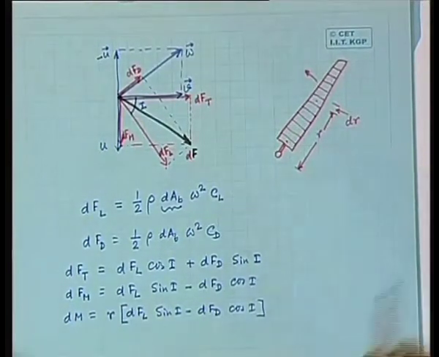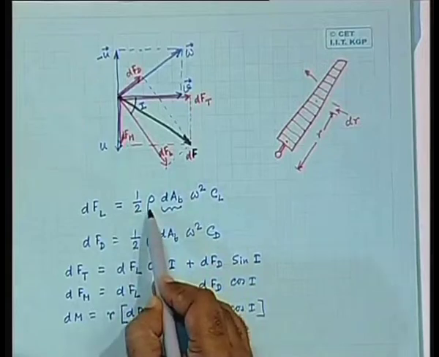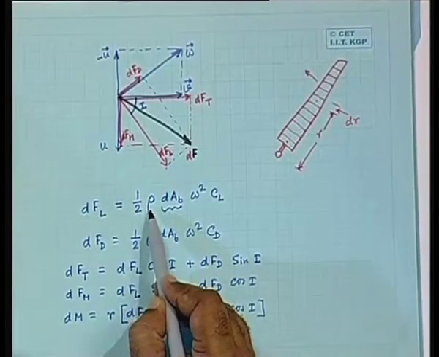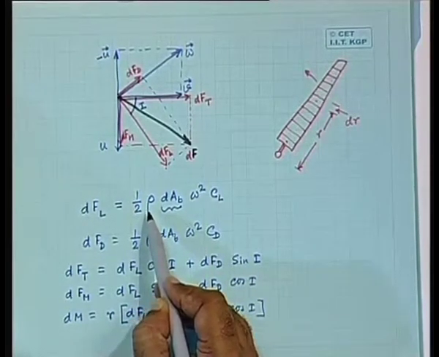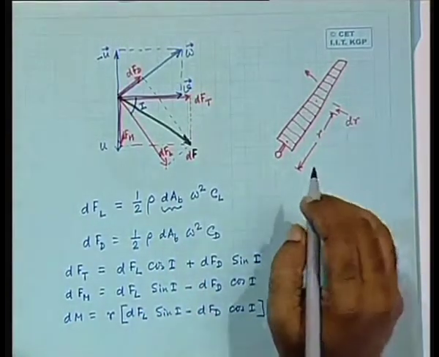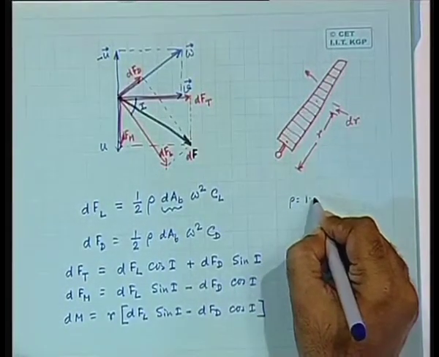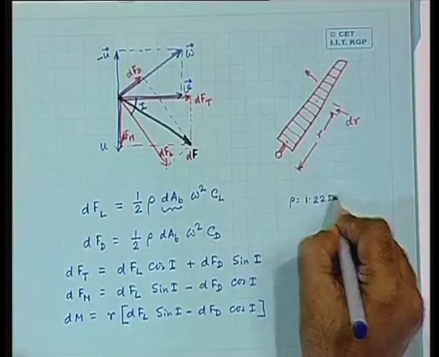Clear? Because the dFL and dFD, if we know all these terms, rho is the density of air. It varies, alright, because the air pressure varies, but often we take rho as 1.225 or something like that.